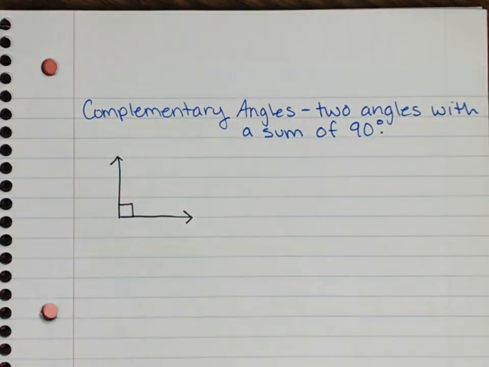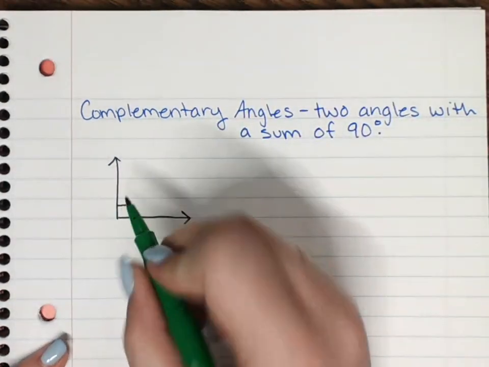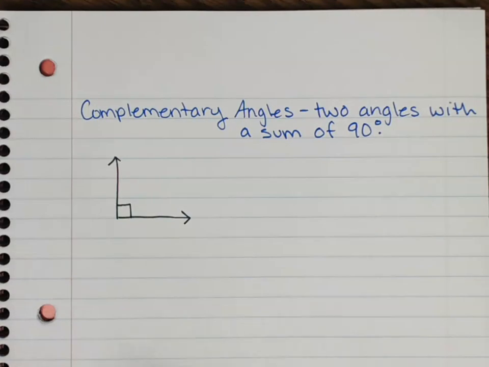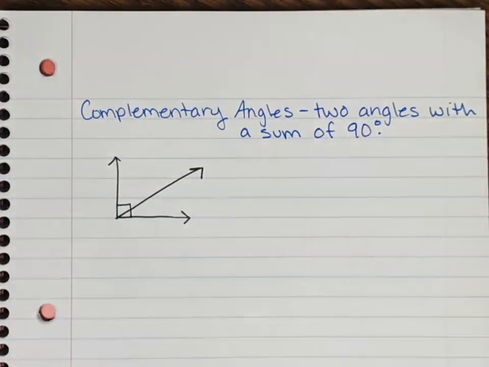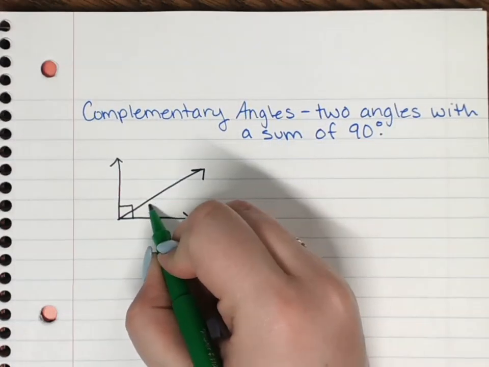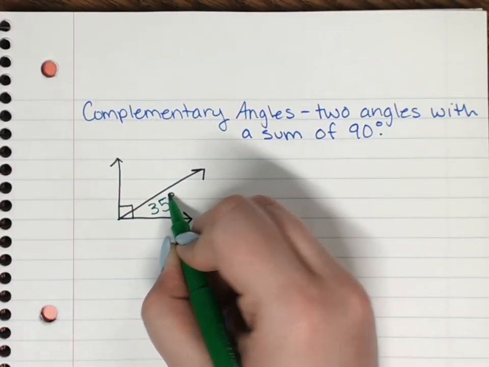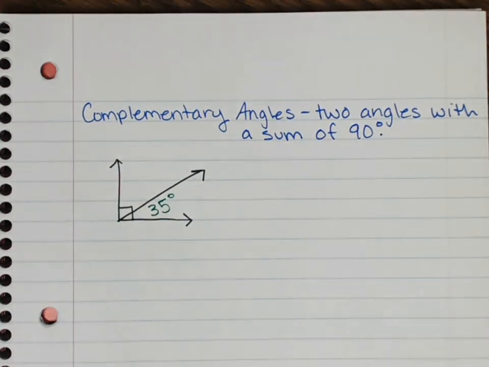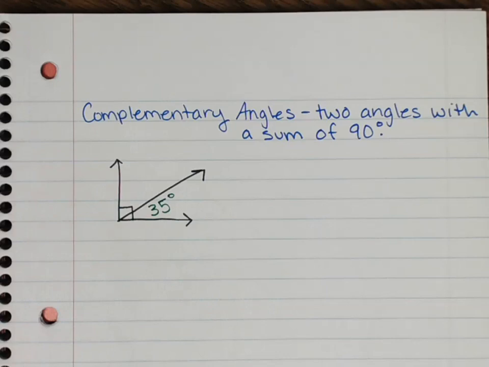Do not automatically assume it is. It may look like it, but it is not always 90 degrees. So then I'm going to put a line in the middle. So if, let's say, this angle is 35 degrees, and I need you to figure out what this angle is, based on the definition of complementary angles.